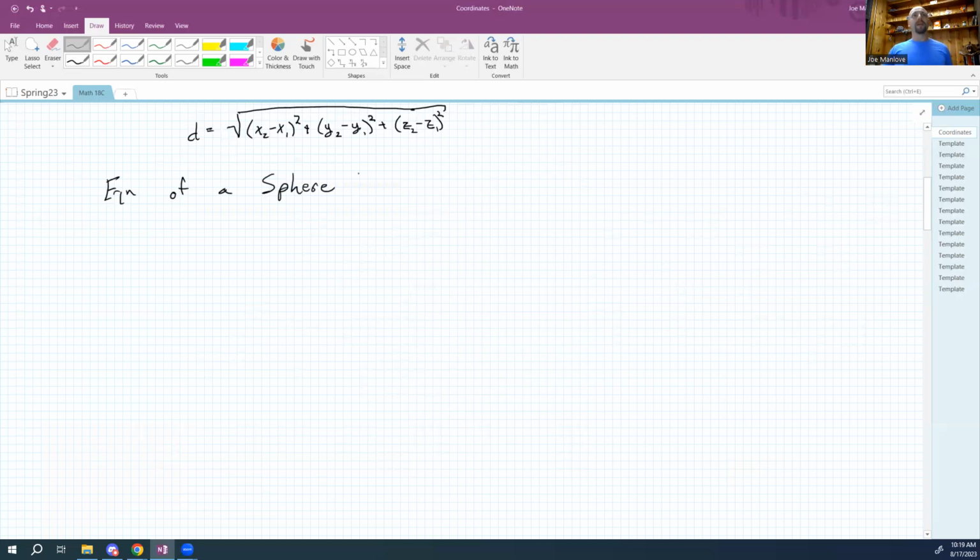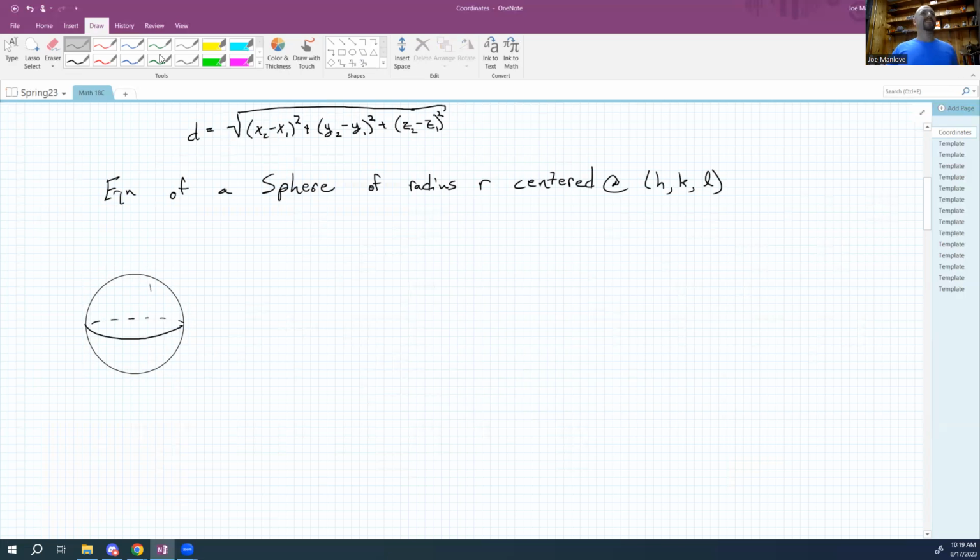And I'm going to give this thing a radius r, centered at h comma k comma l. Okay, so I'm thinking about that this way. So I'm drawing my little circle, right? So this is how Joe draws spheres. Hey, that ain't bad.